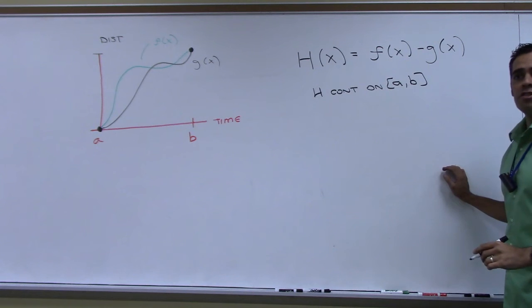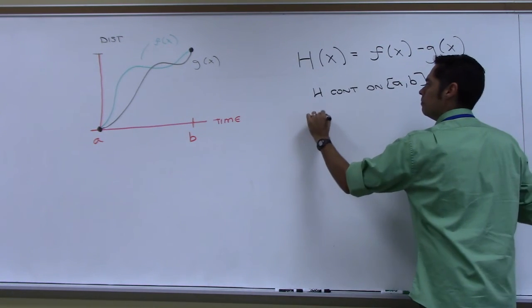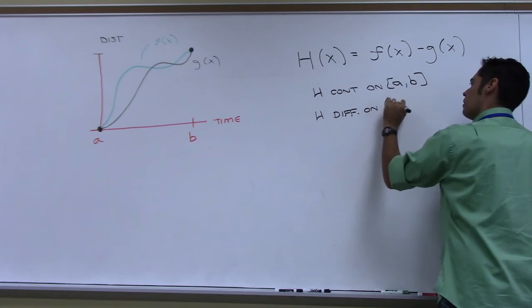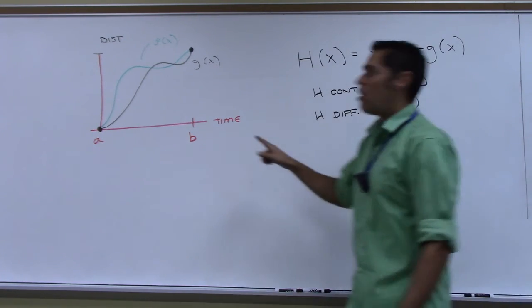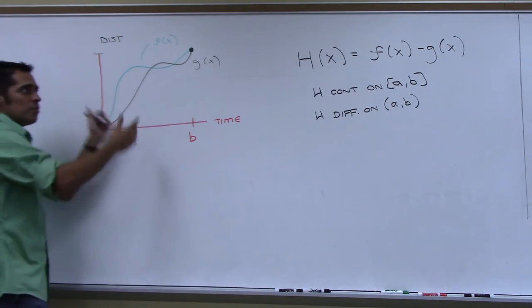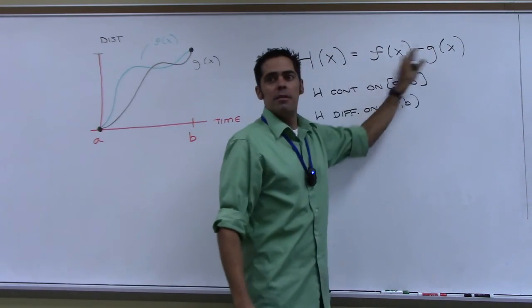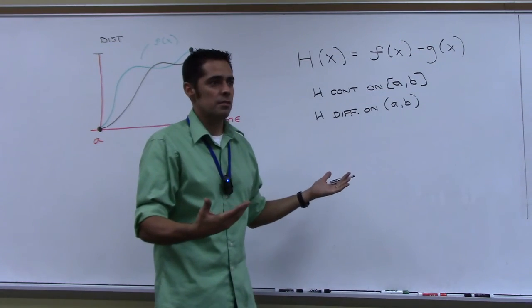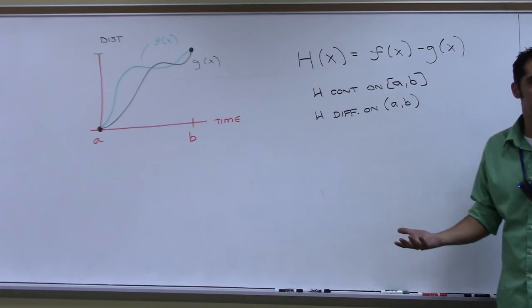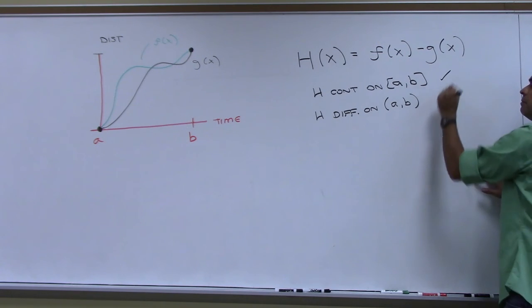Is h differentiable on the inside? Well, as long as these car paths didn't have any corners, then when I put them together with subtraction, they should still not have any corners. So if you take two differentiable functions and subtract them, it's still differentiable. So this should be good. You agree?